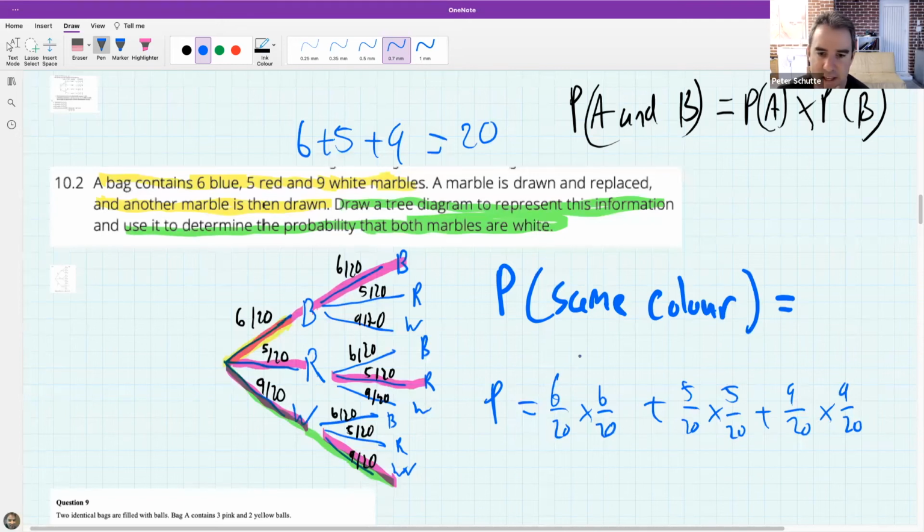This would end up being blue, blue. This would be red, red. And this would be white, white. But all of those would be considered a favorable outcome. So that's why we have to add them up. And if we add all those up, what should we get?